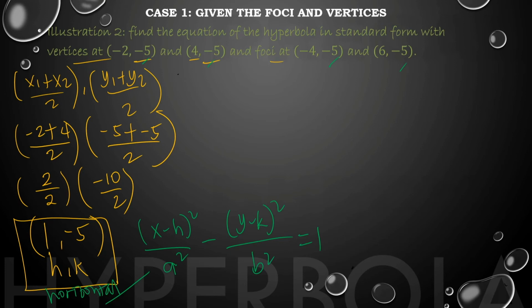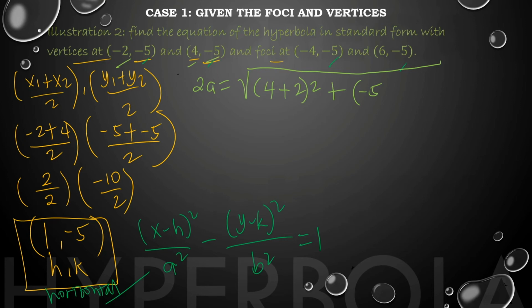And then next is to find yung a and c using the distance formula. So yung 2a, ito yung transverse axis. So yung distance from one vertex to another. So x sub 1 or x sub 2. So 4 minus negative 2. So may positive 2 squared plus y sub 2. So negative 5.